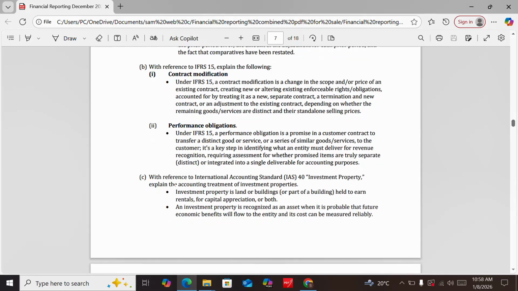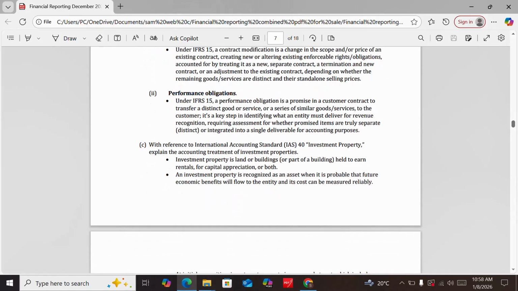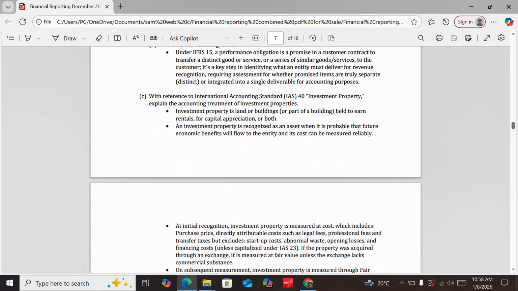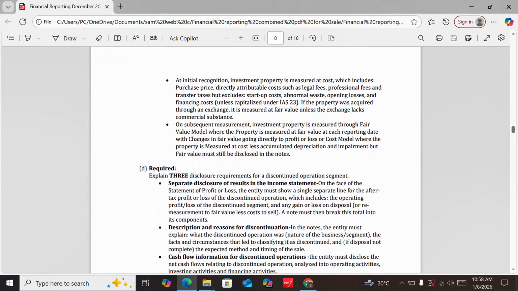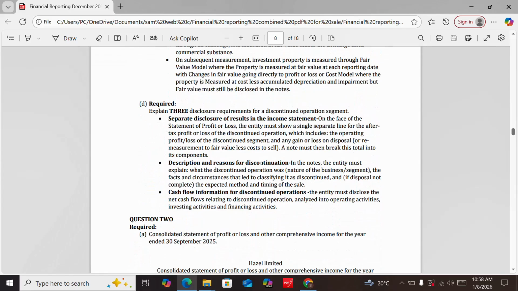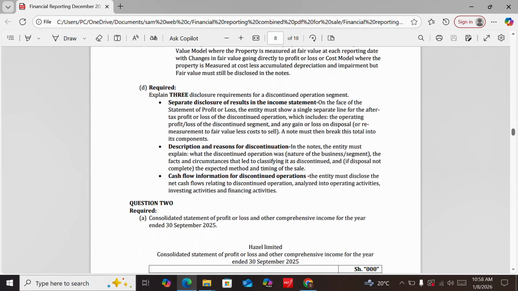And then C, the accounting treatment of investment properties. Then D, disclosure requirement for a discontinued operation segment.